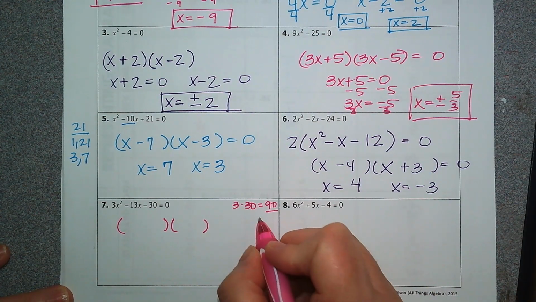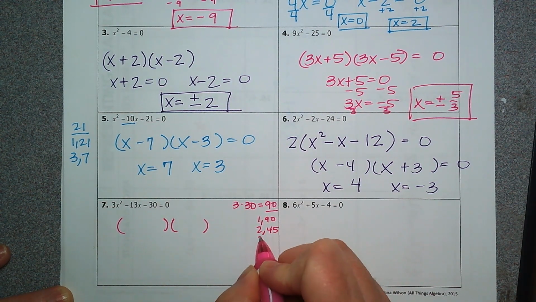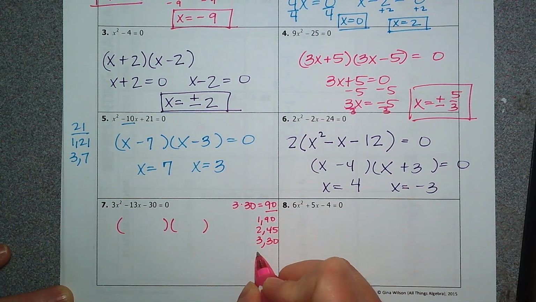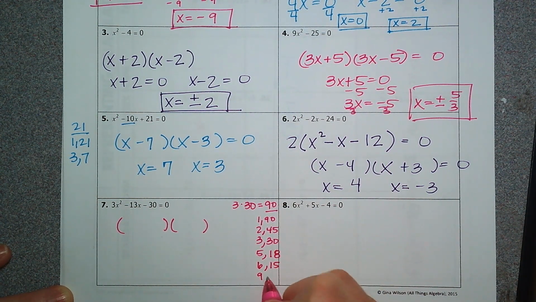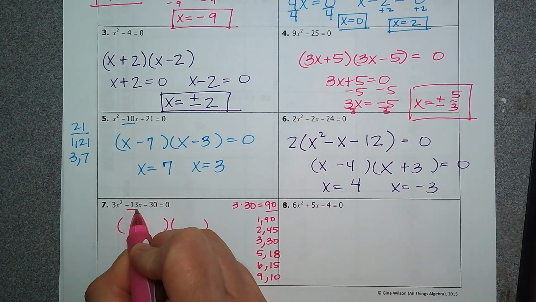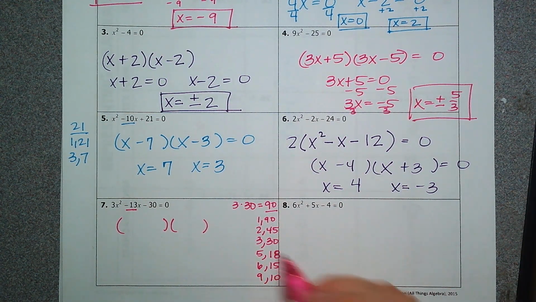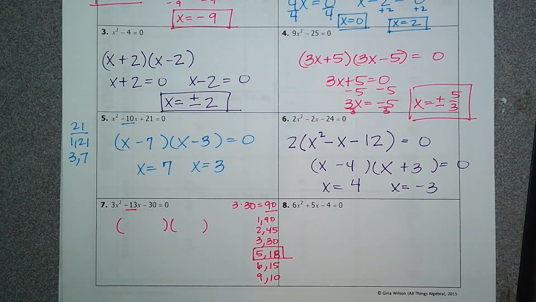Find the factors of 90. Which two can I add or subtract to get -13? 5 and 18. Which one's positive? Which one's negative?